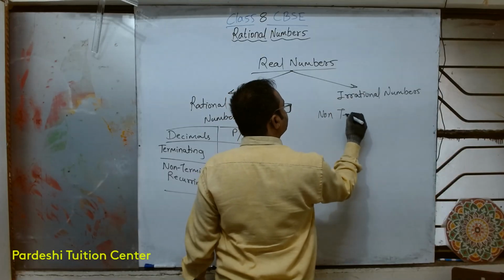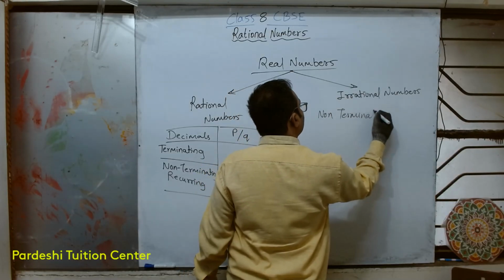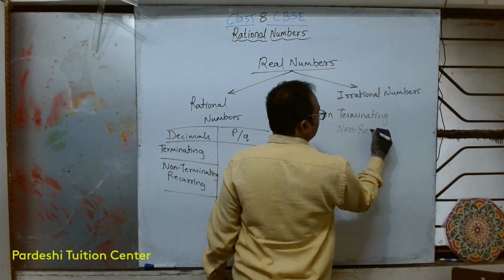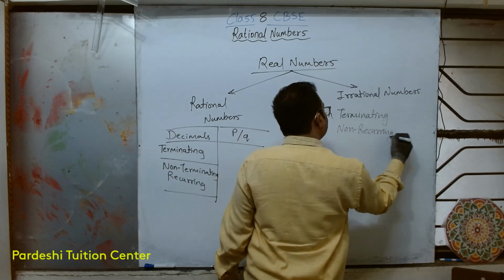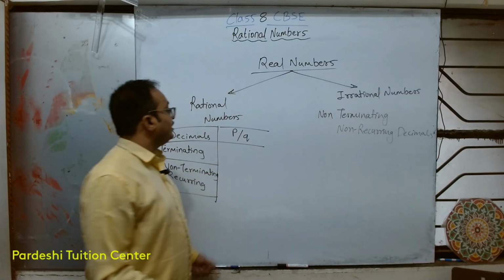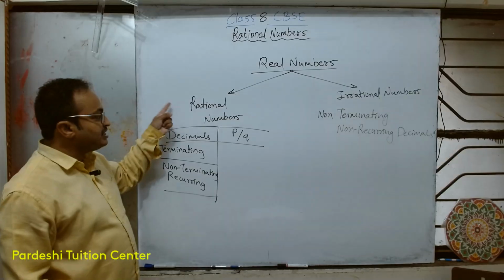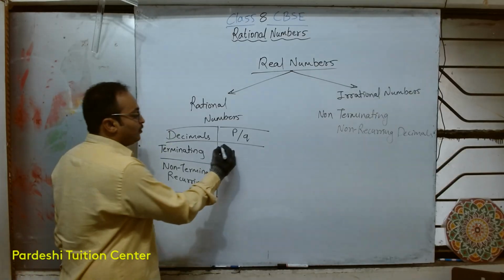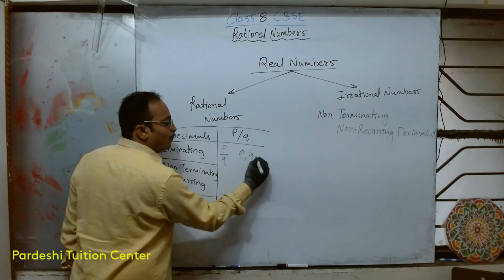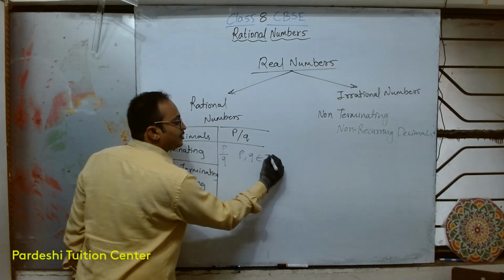Okay, so under irrational number I am going to write non-terminating, non-recurring decimals. But if I want to write in the form of p by q, then a rational number can be represented in the form of p by q, where p and q both belong to any integer.